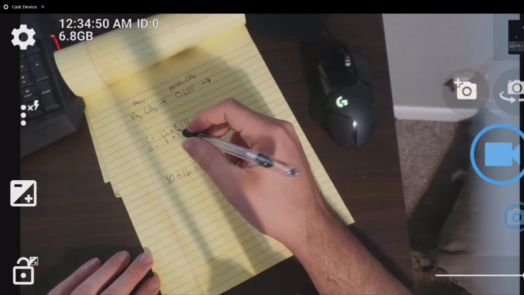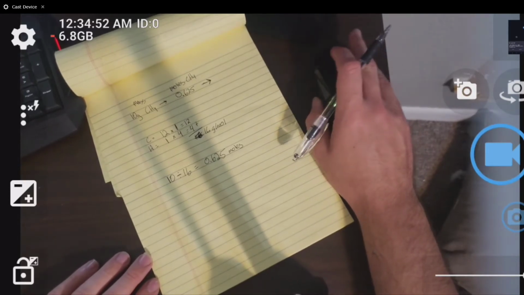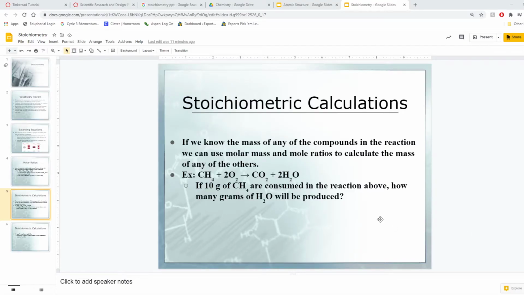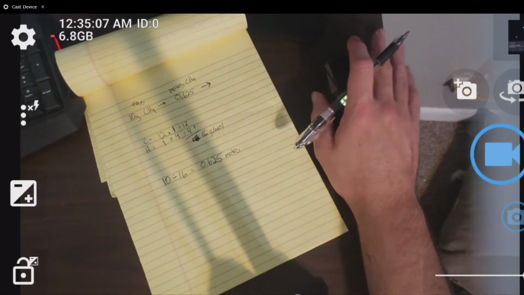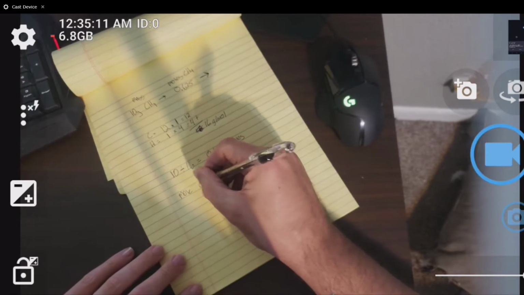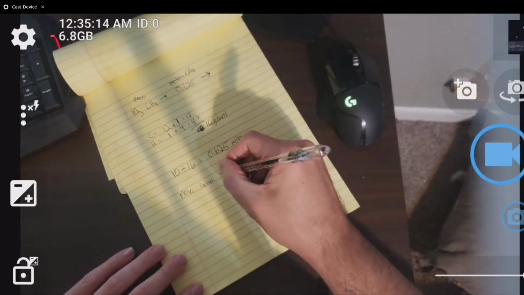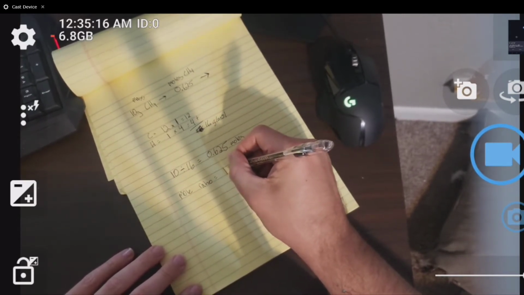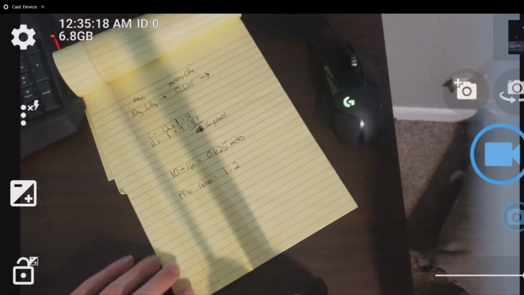So we're going to look at our equation, and our coefficients are 1 in front of the CH4 and 2 in front of the H2O. So that means our mole ratio is 1 to 2.